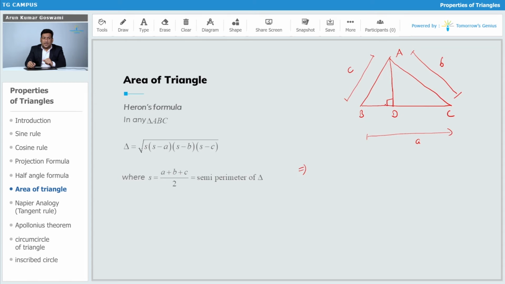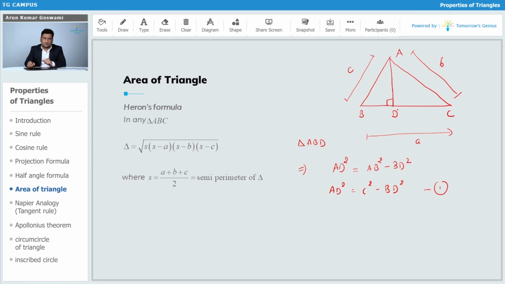So from ABD I can say that AD square, in triangle ABD, if I use Pythagoras here, AD square is equal to AB square minus BD square. What is my AB? It is nothing but c, so AD square is nothing but c square minus BD square. I'll name this equation 1.